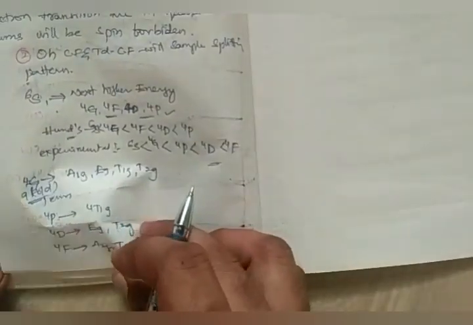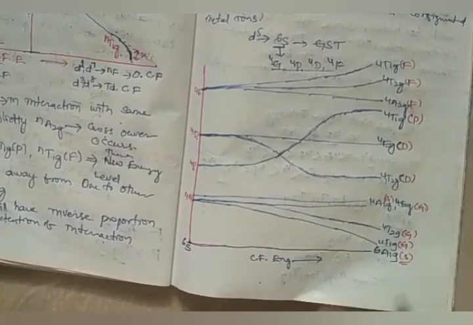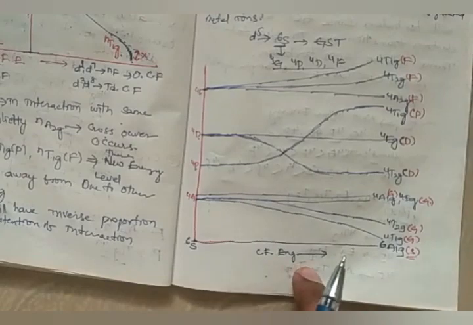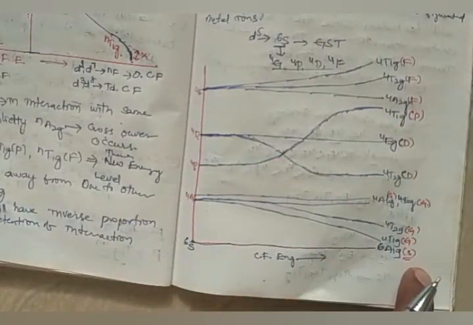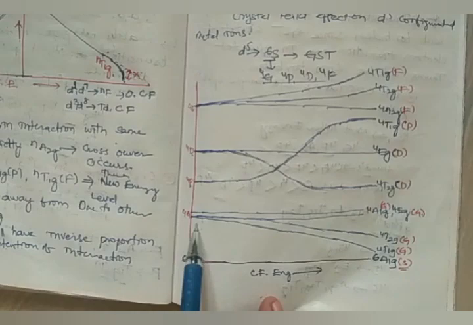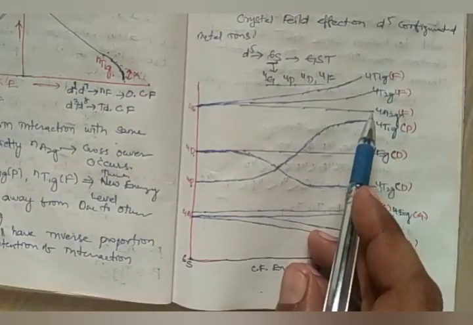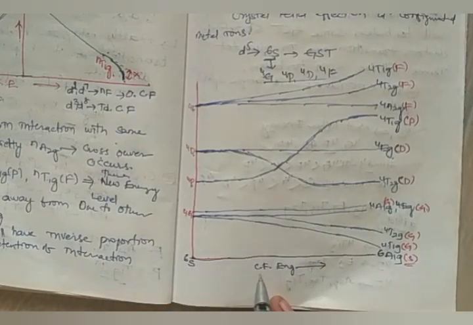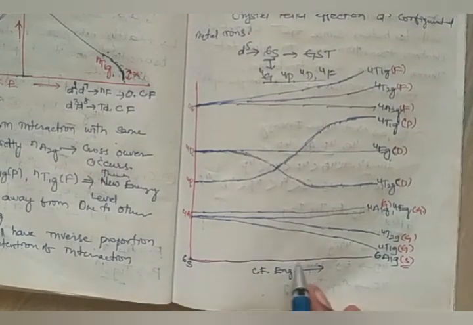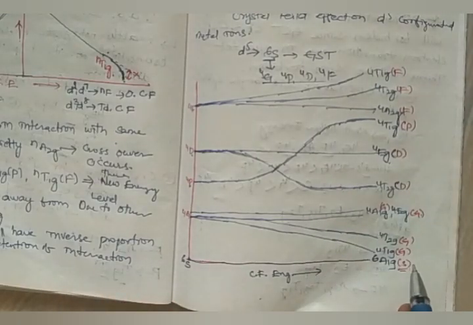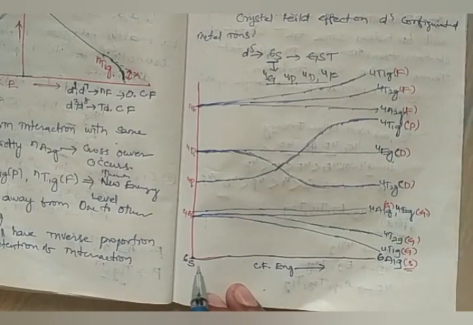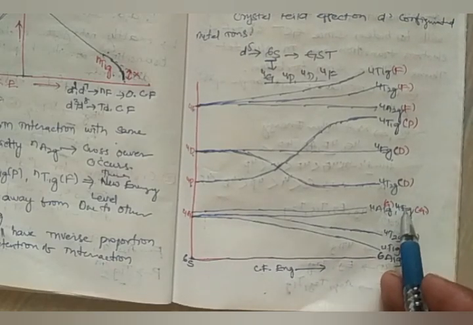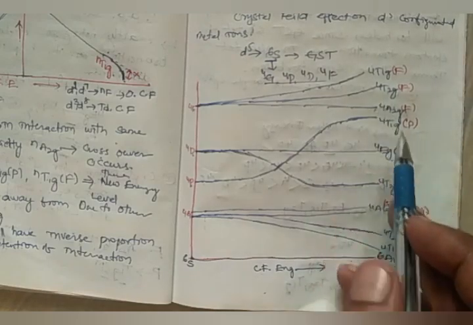Thus when we draw the energy levels with the effect of crystal field, the EG energy states are horizontal with the crystal field energy scale. They will be horizontal straight lines. The AG levels and EG levels are horizontal.